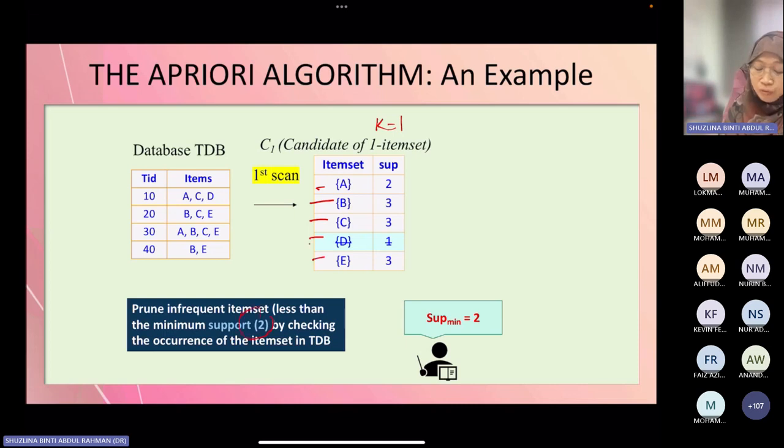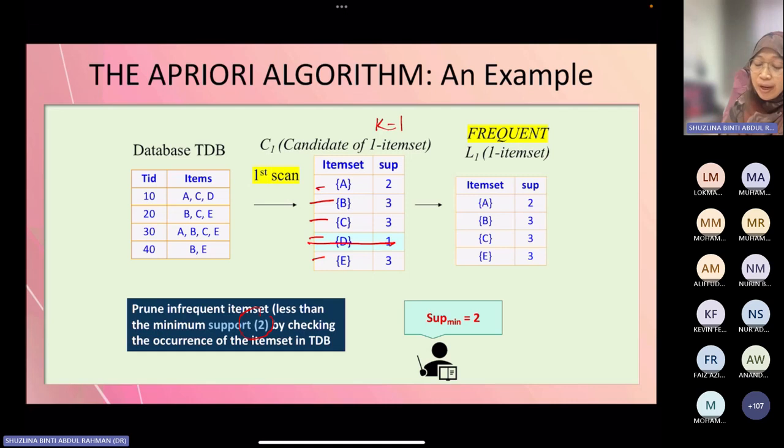Meaning we will prune the ones that do not satisfy the minimum support of 2. So 1 is less than 2, so here we remove it. Then we will produce what we call the frequent itemset L1.